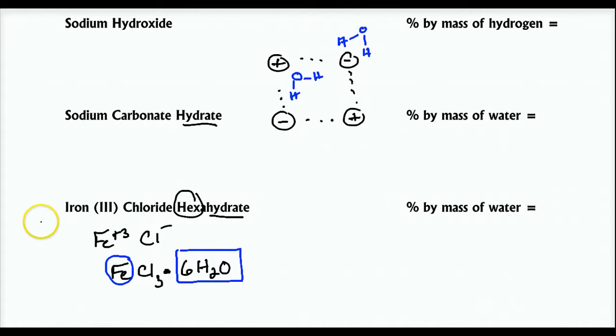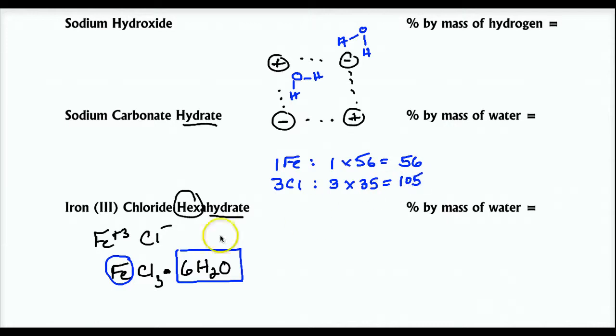So what we're going to have to do, party people, is we're going to have to do a formula mass. Let's assume 1 mole. So I have 1 iron, which is 1 times 56, which is 56. I have 3 chlorines, 3 times, let's use 35, 105. Then here's what I would do. You can break up into 12 H's and 6 O's, but I like to keep the waters together because I'm going to use them later, as I'm going to show you.